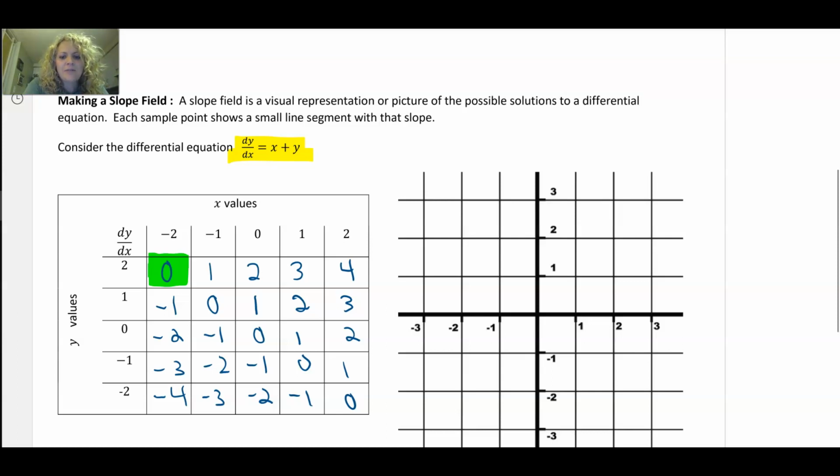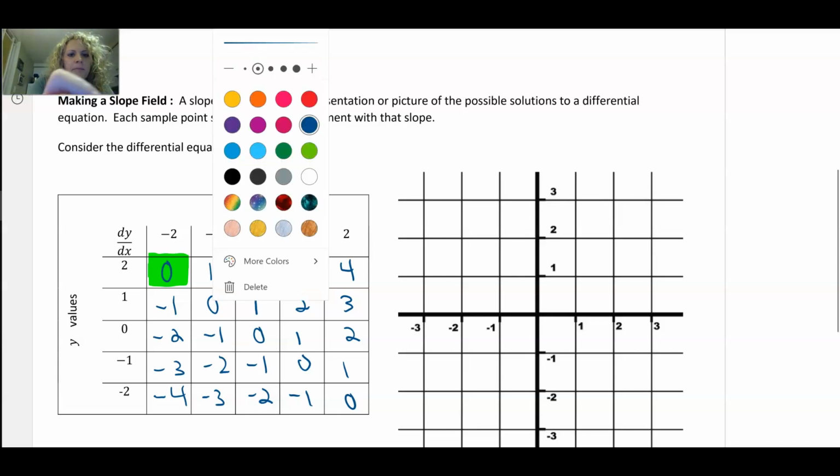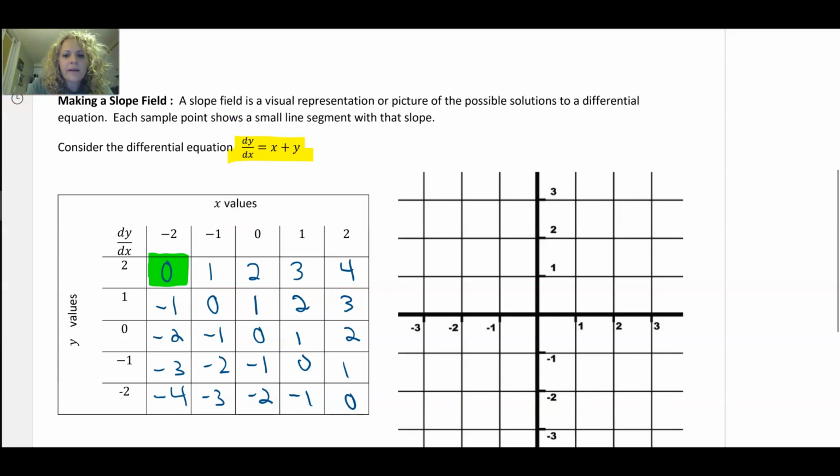The way to turn this into what we call a slope field is to go over to the graph at the right. For example, at the point (-2, 2), I'm going to pick a color that stands out brightly on our graph. At the point (-2, 2), I would expect any solution that goes through this point to have a slope of 0.